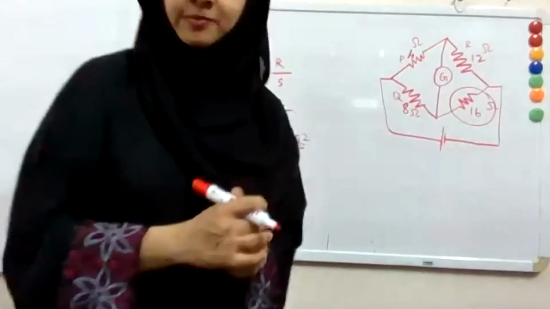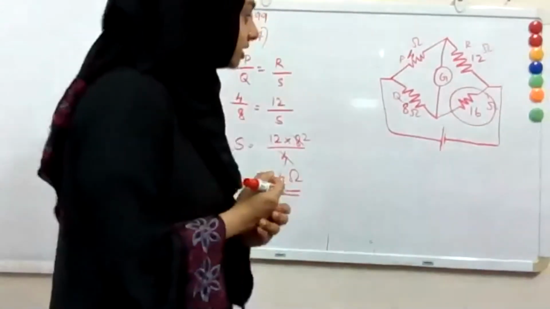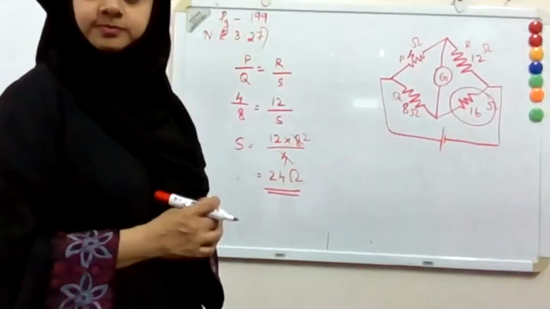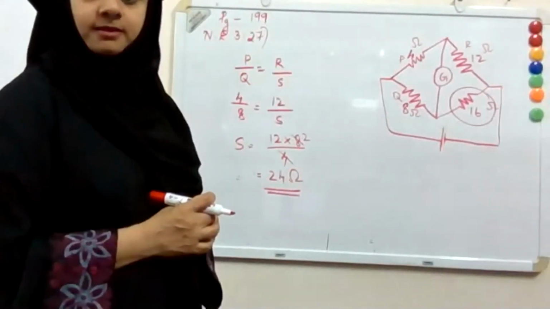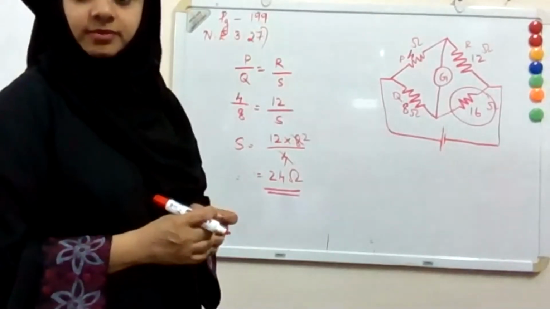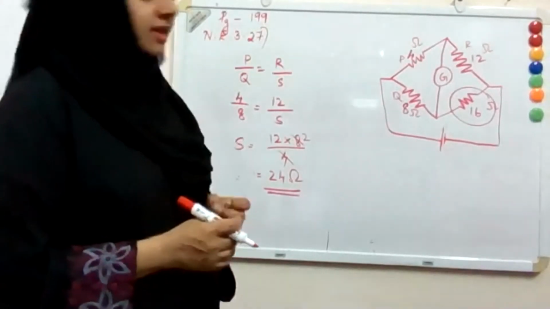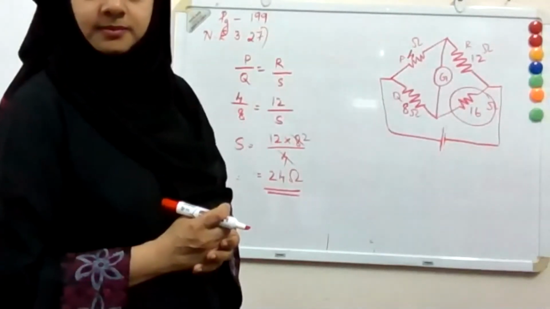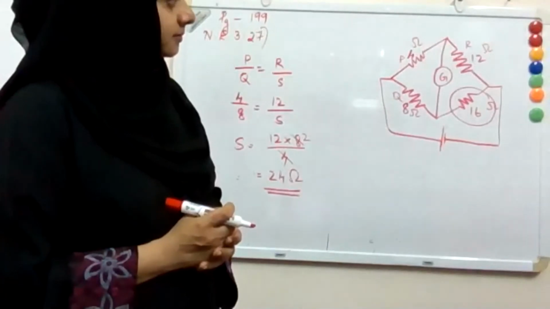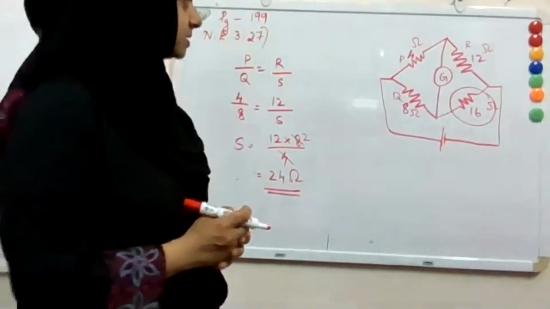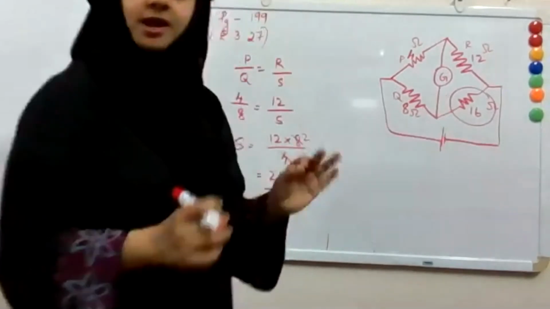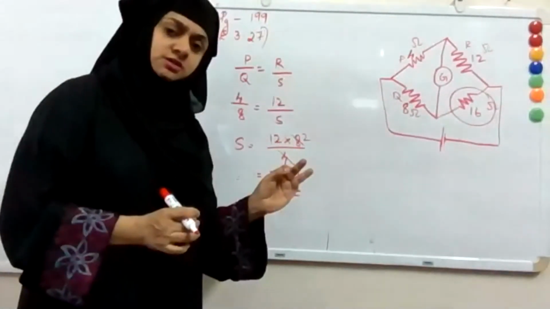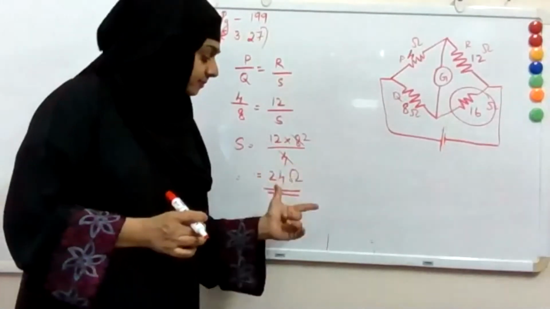Rifat, tell me, how can we change 16 ohm to 24 ohms? By doing S1 plus S2. Yes, you have to add. Add means how should you connect the resistance, in parallel or series? Series.